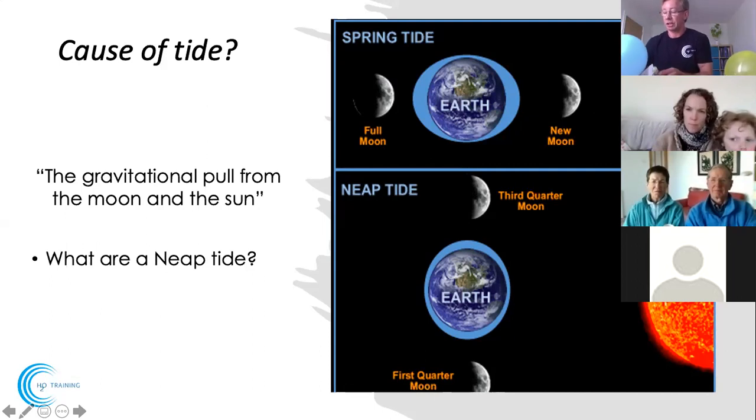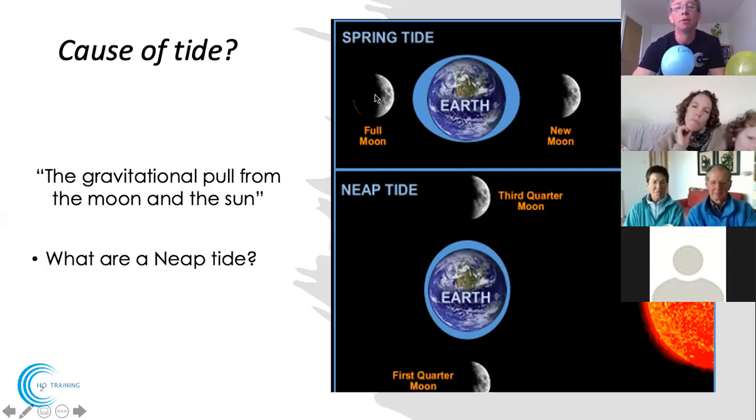So if you imagine the sun here, the moon here, and the earth here, it's creating a really big force on the earth. And so it's causing the water to be dragged a long way there. Now, 2 weeks later, actually, the moon is on the other side, relatively, but they're still all in alignment. So that means we get really big tides.